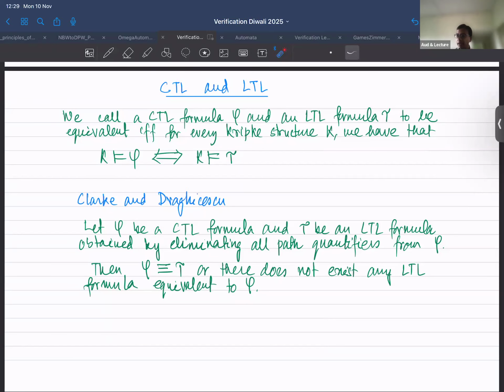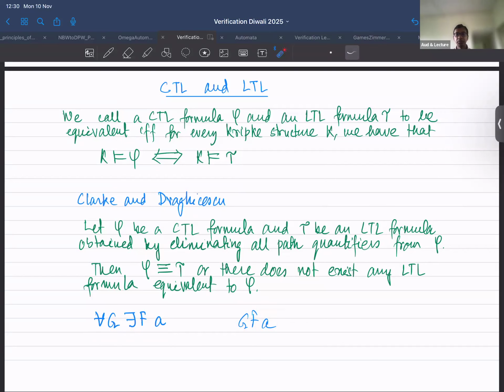For example, suppose we have this thing, for all globally there exists eventually a, which is what we saw a while ago: AG EF begin. If you remove all the path quantifiers, you get GFa. For this formula the theorem says that either they have to be equivalent or there doesn't exist an equivalent LTL formula.